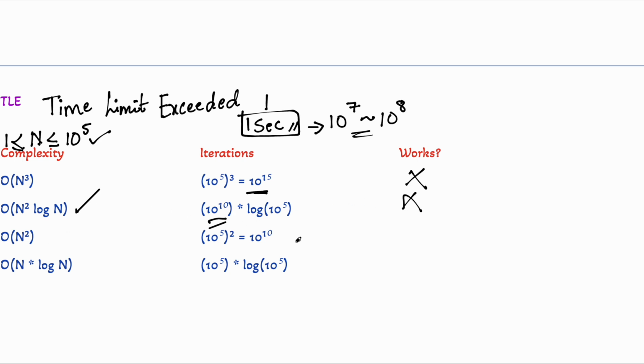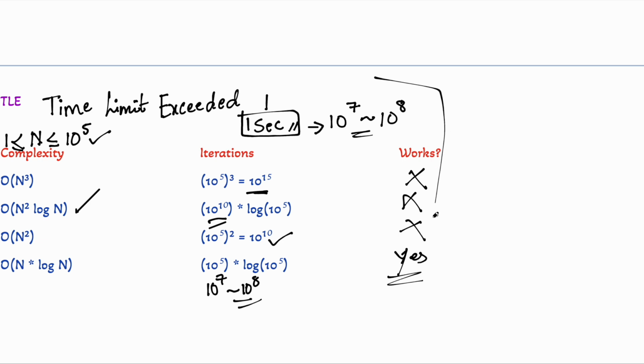N square, which becomes 10 power 10, will also not work. And if we take n log n, which is 10 power 5 multiplied by log 10 power 5, this comes around 10 power 7 to 10 power 8. So we can say that this one can work. Yes, this works.